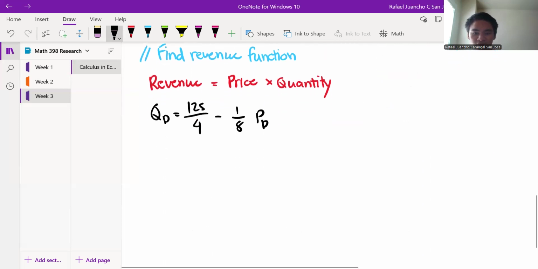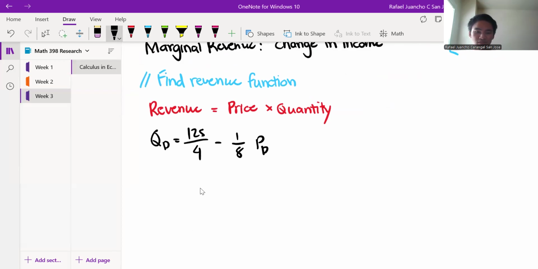Now we want to rewrite our demand function in terms of the price. So here we just want to isolate PD.